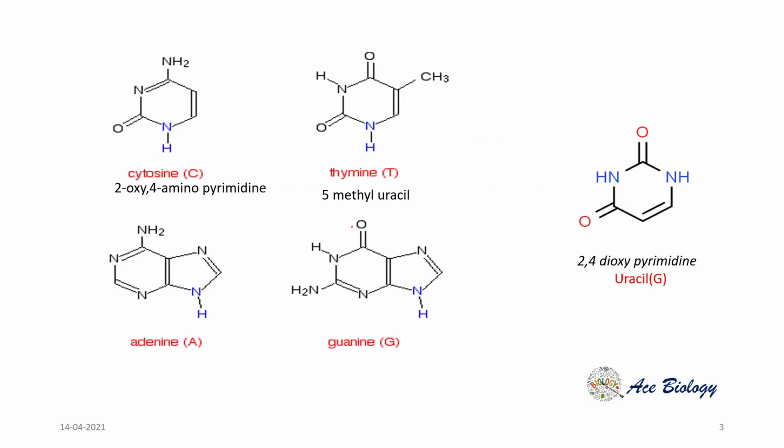Now coming to the structures of the nitrogenous bases that are present in DNA and RNA. Here you can see we are having adenine, guanine, thymine, cytosine and uracil. Adenine and guanine come under purines.